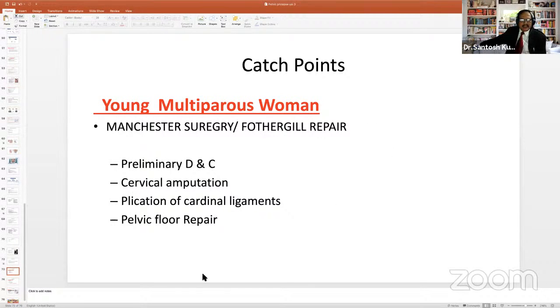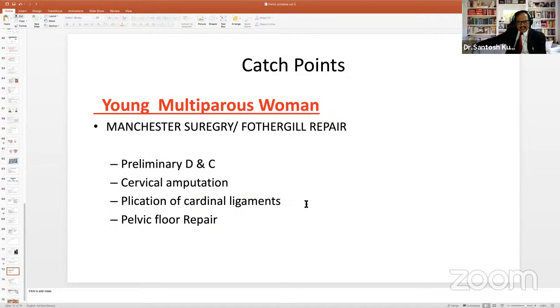We have already discussed the Manchester Fothergill repair: preliminary dilatation and curettage to confirm there is no pathology in the uterus, because here you want to preserve the uterus, cervical amputation of the elongated cervix, plication of the cardinal ligament, that is the transverse cervical ligament, the ligament coming from the lateral pelvic wall to the cervix.